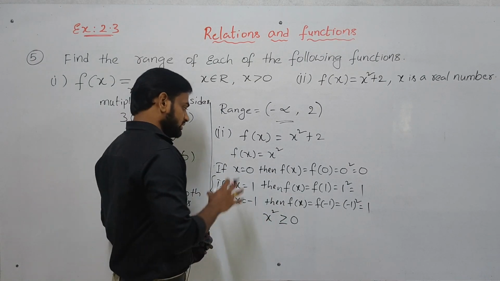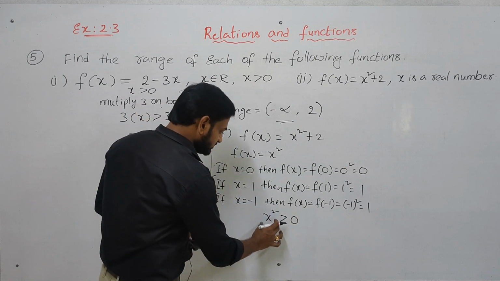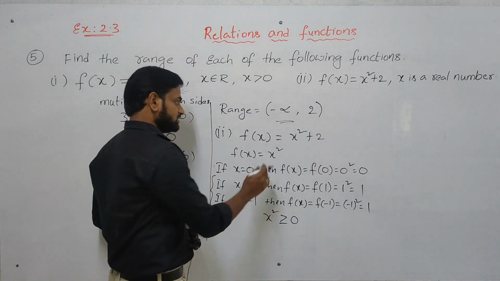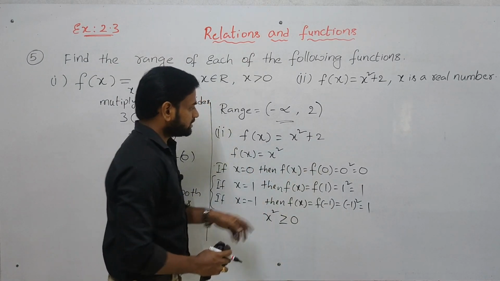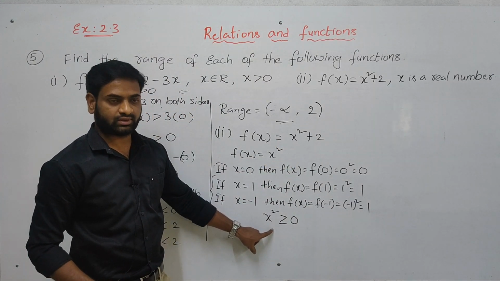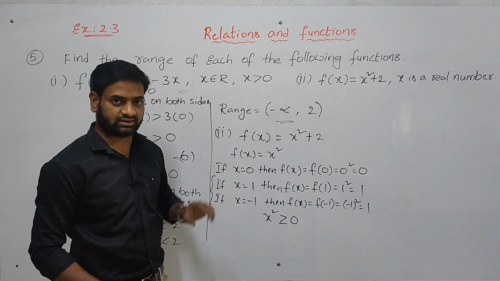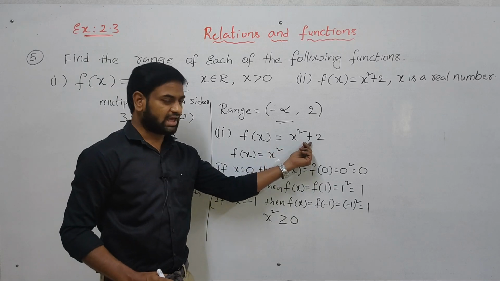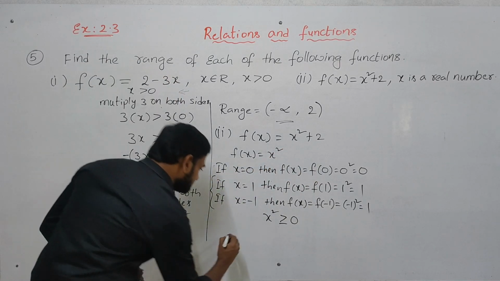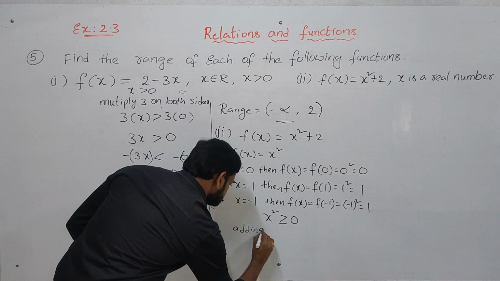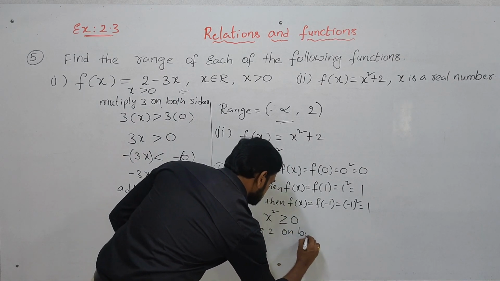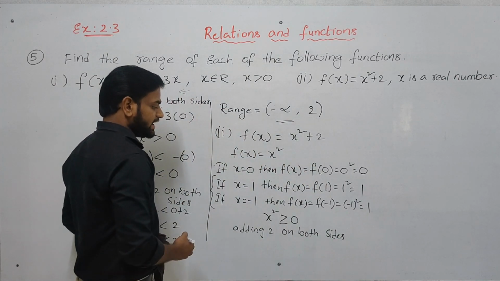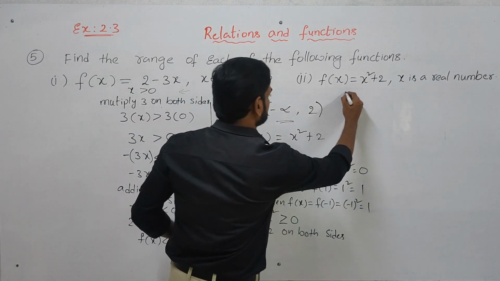Now see here. Here also I want to convert this as f of x. f of x means x square plus 2. Here x square is already there. What is the remaining term? Plus 2. So I am writing here, adding 2 on both sides. If you add 2 on both sides, what will happen?